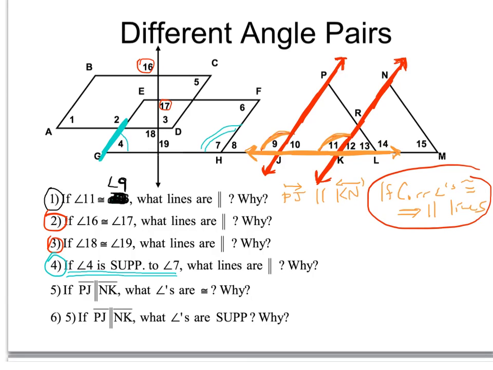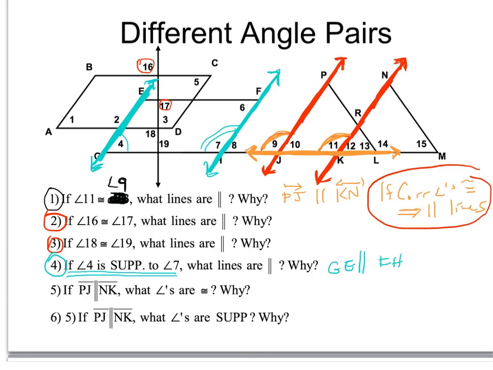It appears as though this blue line GE and this blue line HF will be parallel. So I'm going to write that down. GE may be parallel to FH.